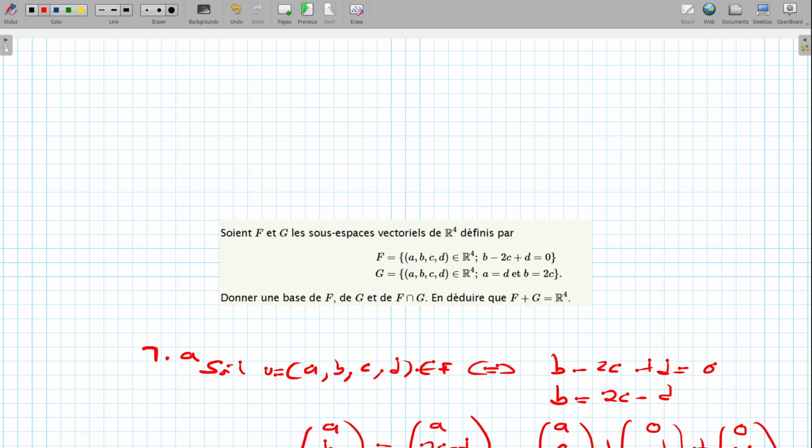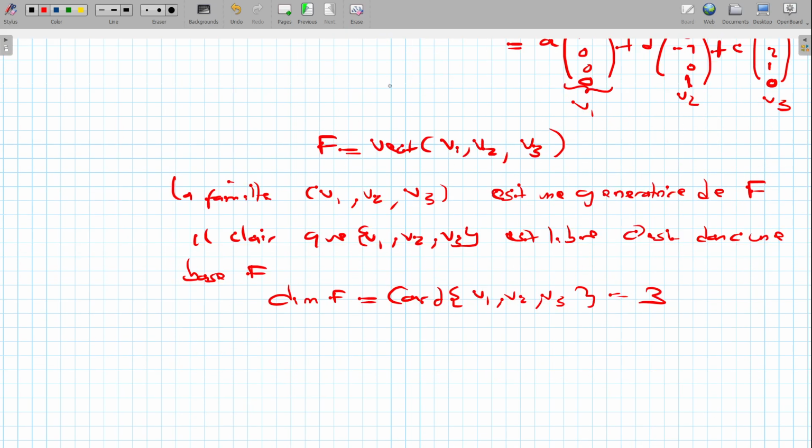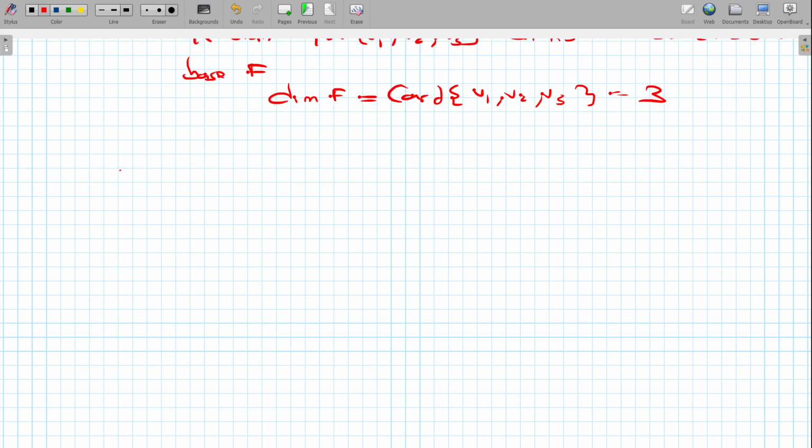Une base de G, on fait le même travail, but this time we choose, now I'm going to say, soit U, a vector that has components A, B, C, D. We take it from G. So what does it mean for this vector to be in G?